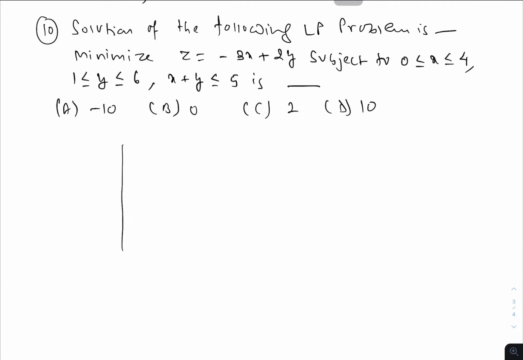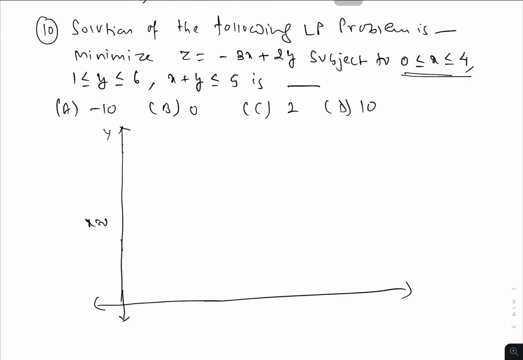Now this is not difficult, you don't require even a graph paper, because you can easily draw the graph here. You are having x is 0 to 4, that means x equal to 0 is the y axis. One more thing is x plus y less than or equal to 5.